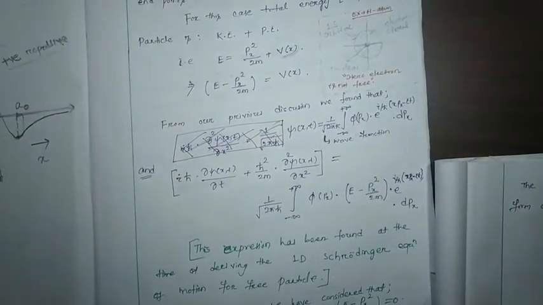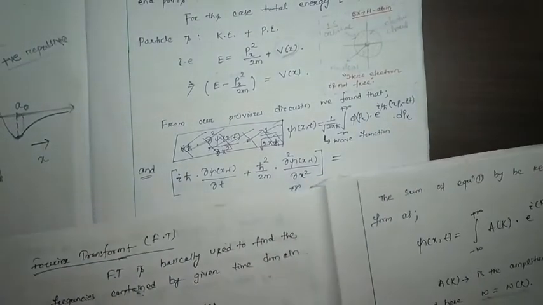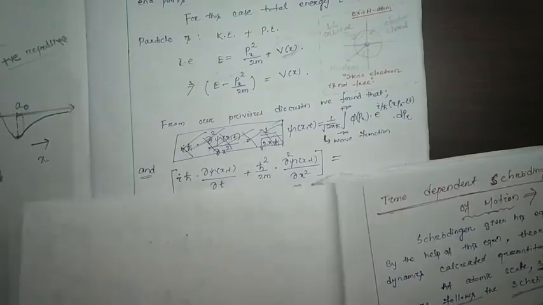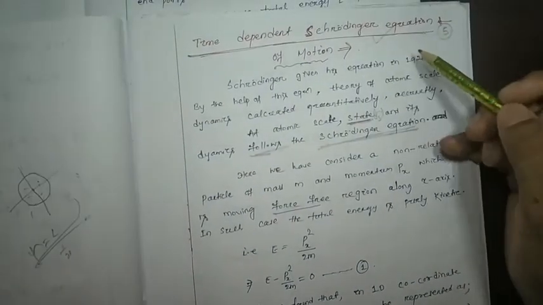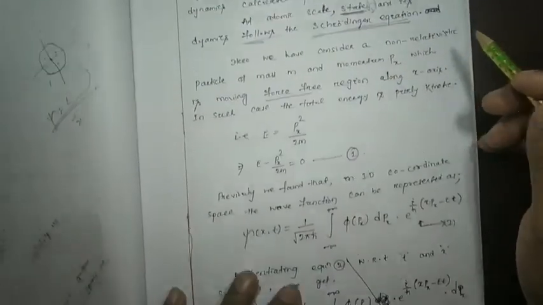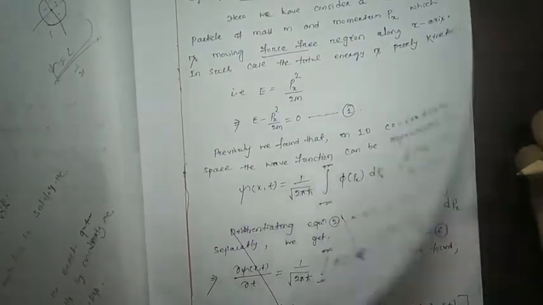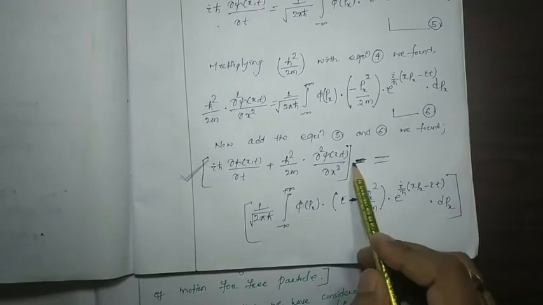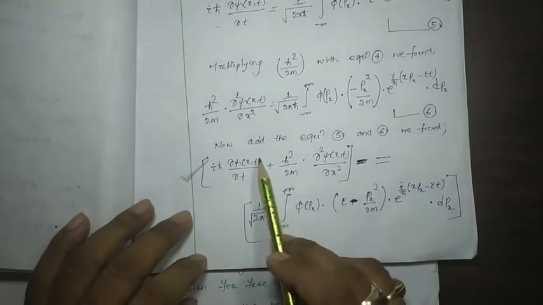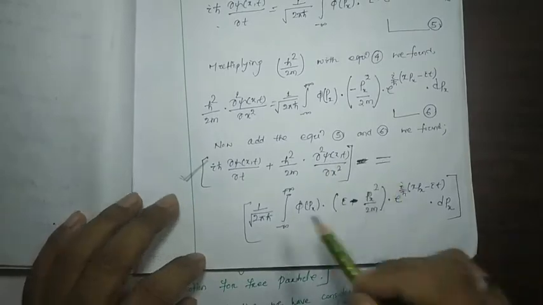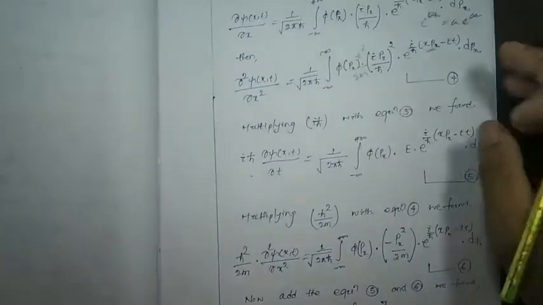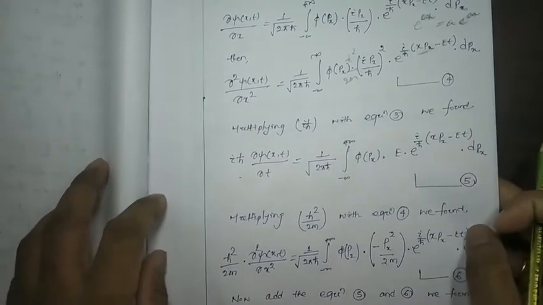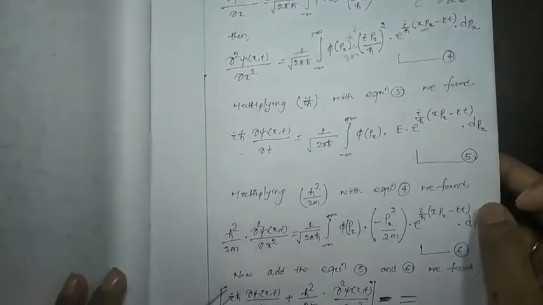And from our previous derivation of the time dependent Schrodinger equation, you can find at the end this expression, that is i h cross del psi by del t plus h cross square by... This expression you can find in our previous derivation, and here I am not going to derive all the things.